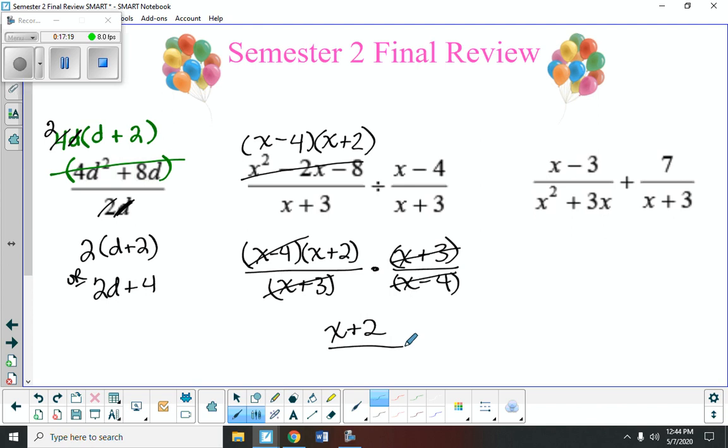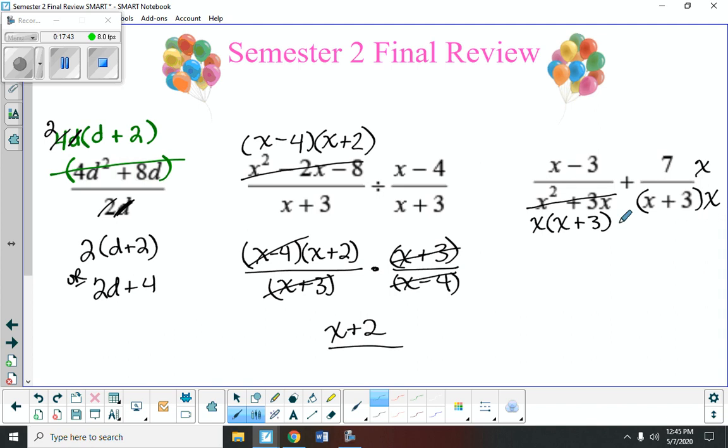Next one, we're adding. Now, if you recall with fractions, you need a common denominator. And the easiest way to do that is to find the factors of the denominator. And first, we're going to factor out this term. So this has an x times x plus 3. This one only has x plus 3. So you need to multiply by x over x.